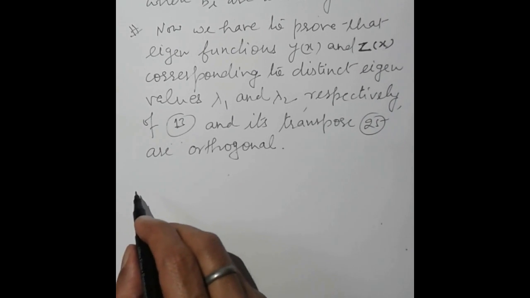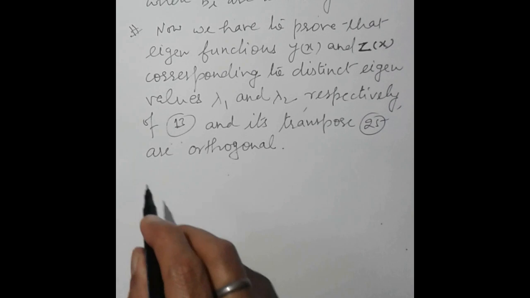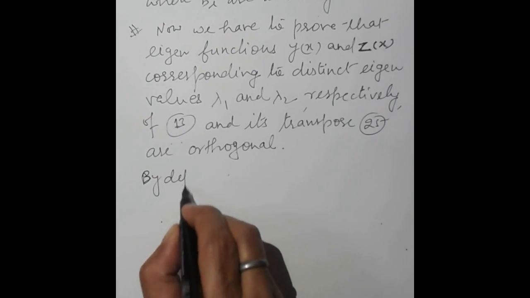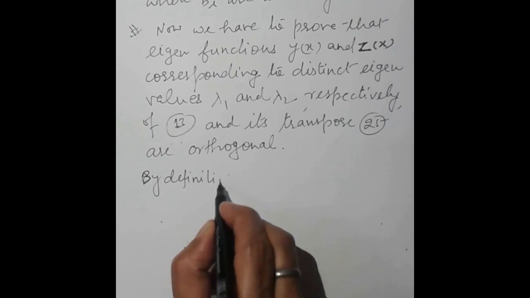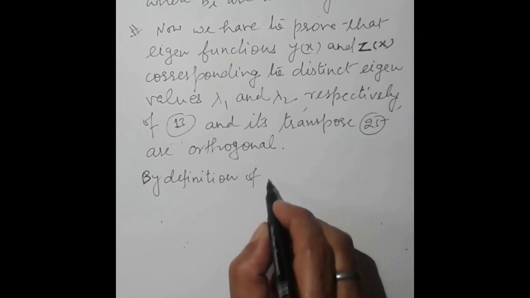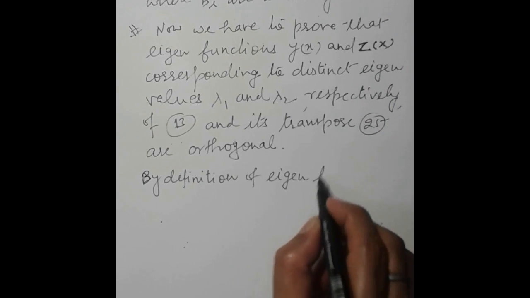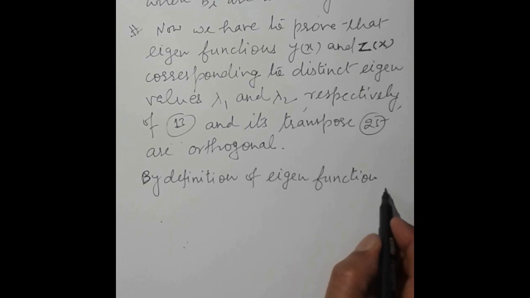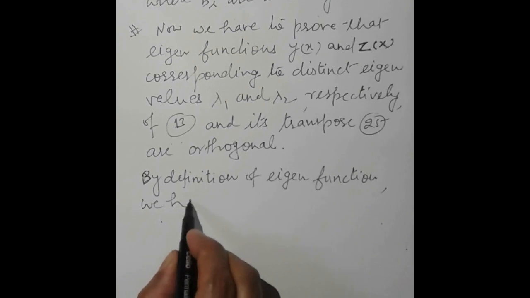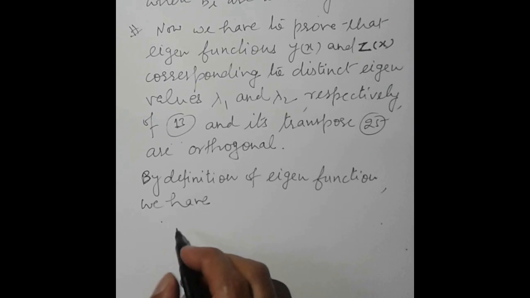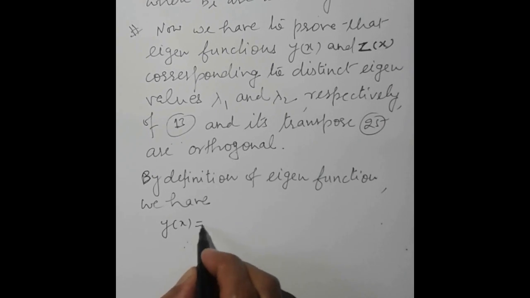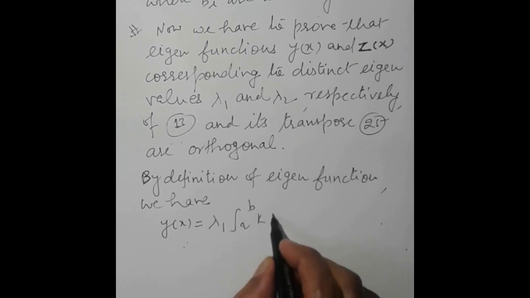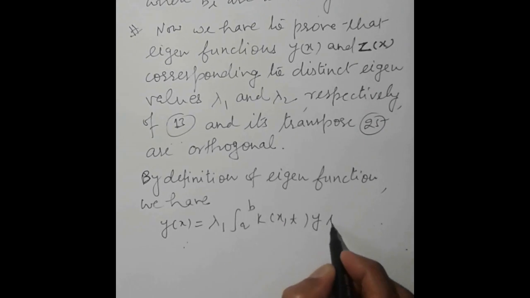By the definition of eigenfunction, we get y(x) equal to λ1, the integral from a to b, K(x,t) y(t) dt.